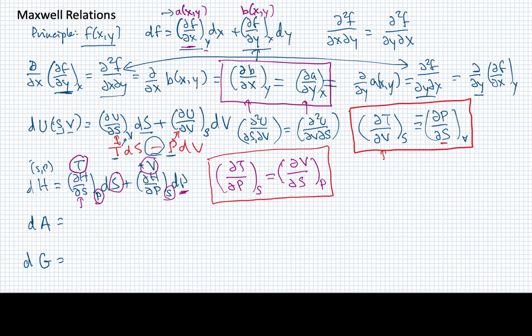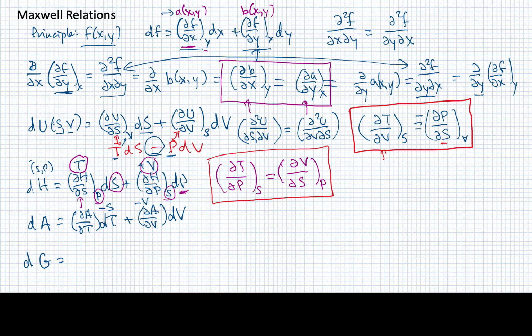All right, now I'll let you go through these others more carefully. I'll write them out for you so that you can see what these look like. But the total differential for the Helmholtz energy is simply going to be this expression, but I know that dA dT is minus S, dA dV is minus V. Since they're both minus, I'm going to end up with no minuses in my partial derivatives.